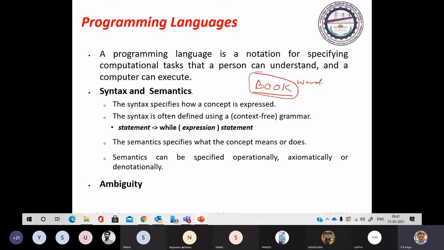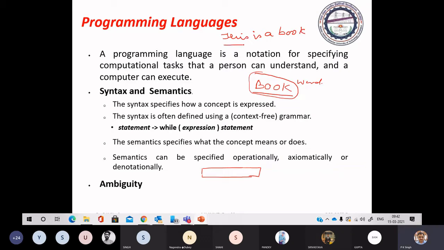And if we use a sequence of such words, that will form a statement. Like this. See, here I am writing: this is a book.